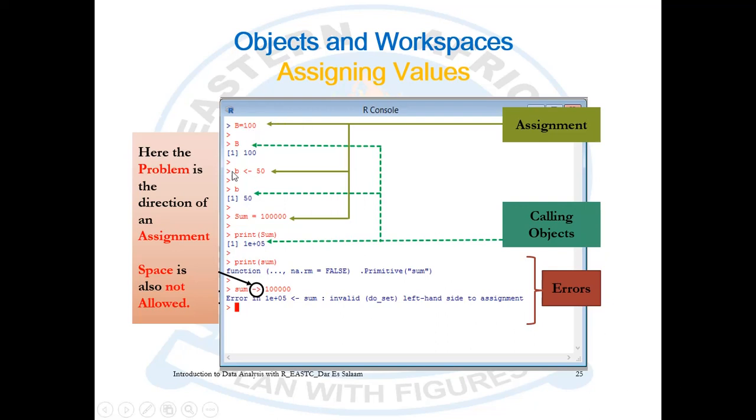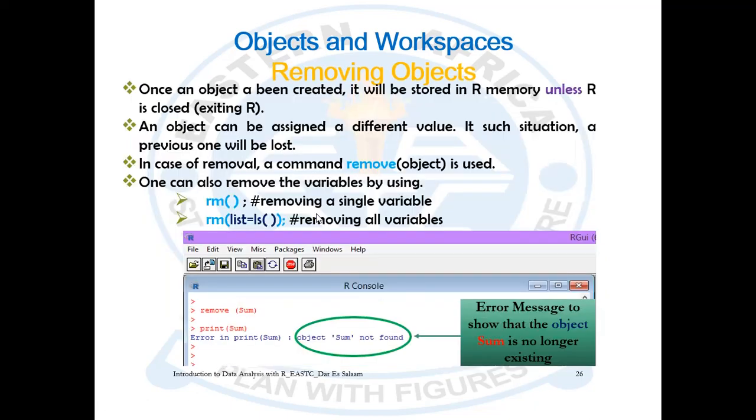I've shown you the assignments, and then I've shown you how to call the names and the error message which comes when you assign it in a wrong way. So this is the clarification on how to assign values.